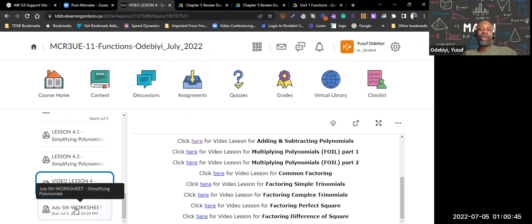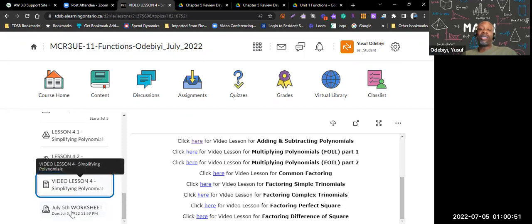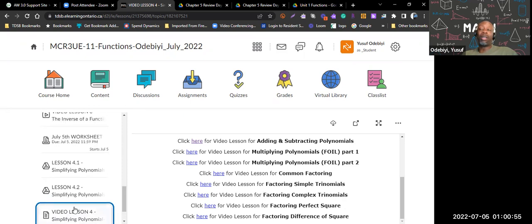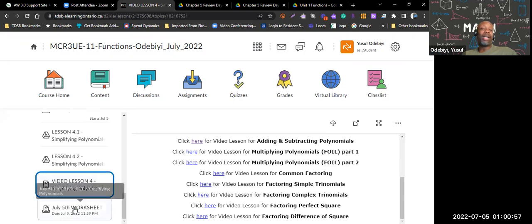So when we go to here, these are the practice worksheets you should do. Like I said, you need to do these practice questions. If you just jump into doing the quiz, you will not do well if you didn't practice. And once you do the practice questions, I will give you the step-by-step instructions.